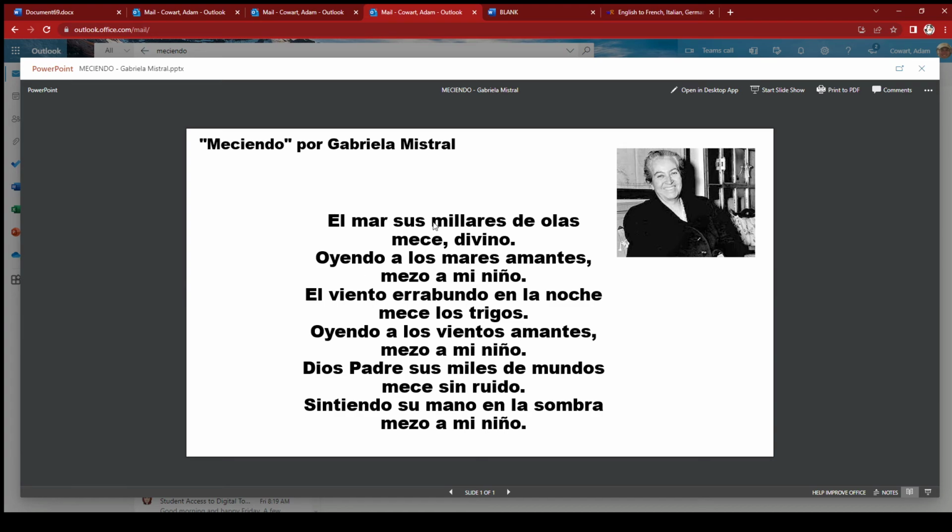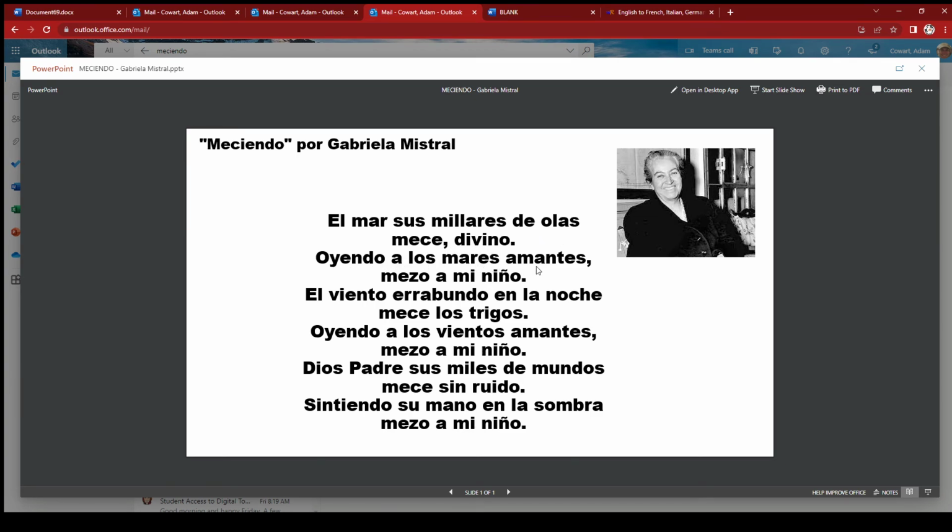Okay? So here you see a lot of the things we just talked about. We have this little R. We have a double L, which makes a Y. Okay? So let me read this for you. It goes like this. El mar, sus millares de olas, mece divino.